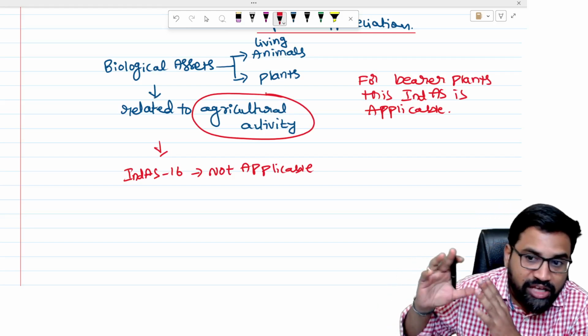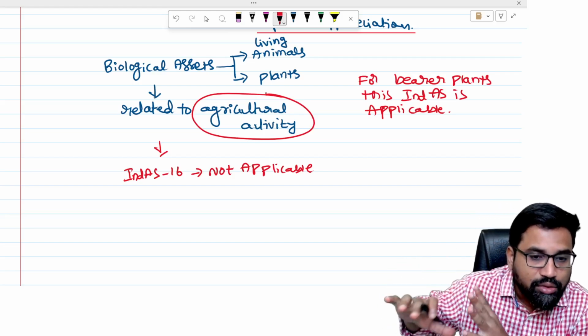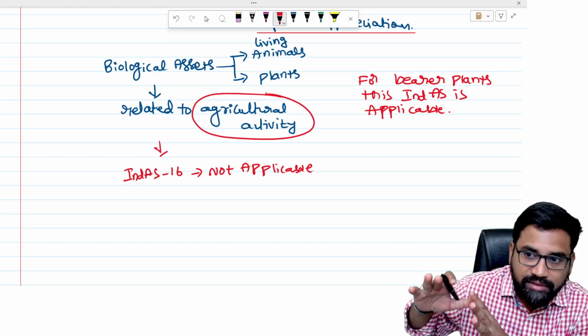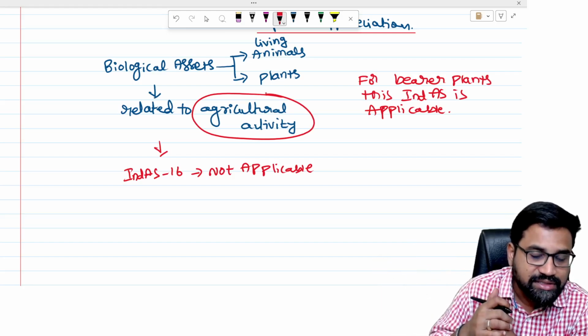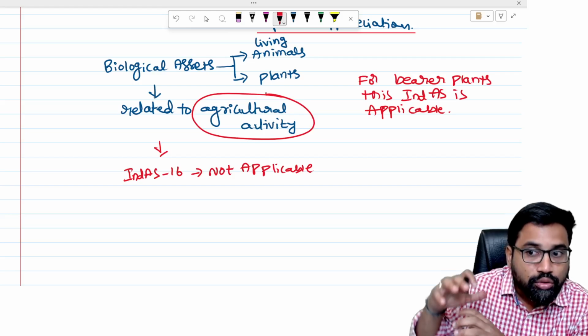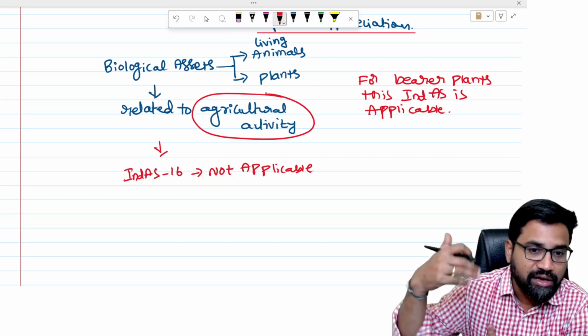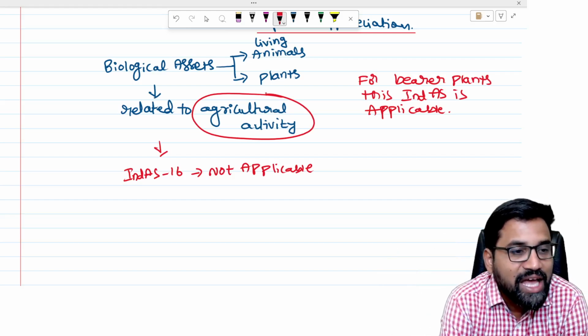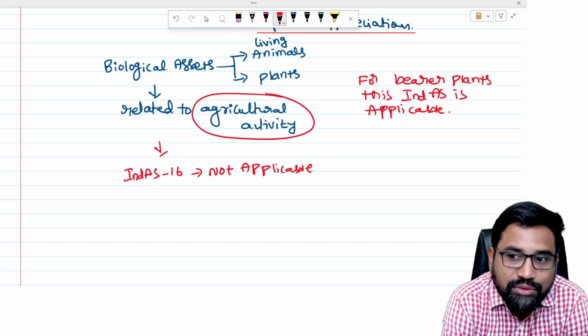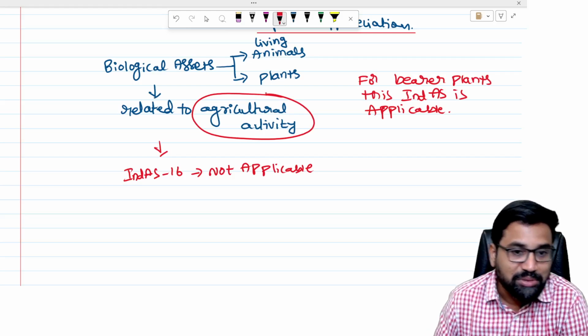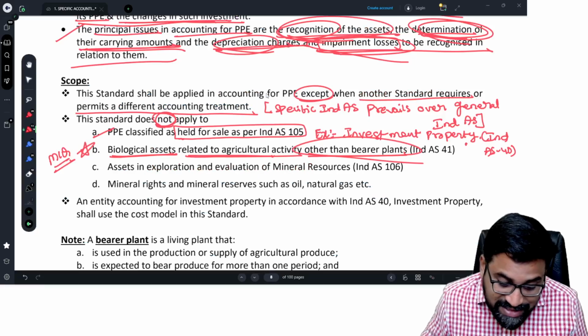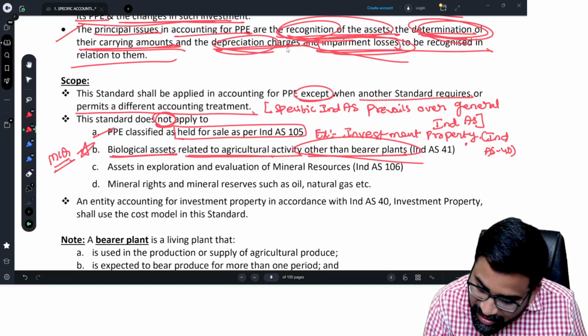That means any organization which is into agriculture and agriculture related activities, whatever assets they have in the form of living animals and plants, for them this standard is not applicable. Why not? Because there is a separate standard, IND AS 41.